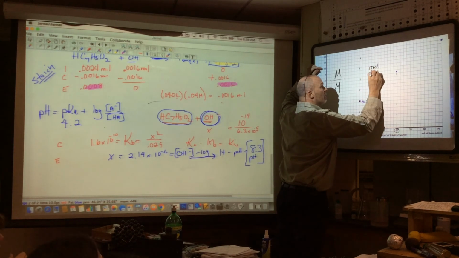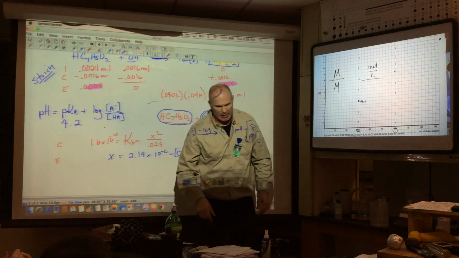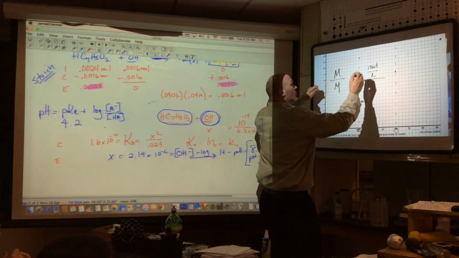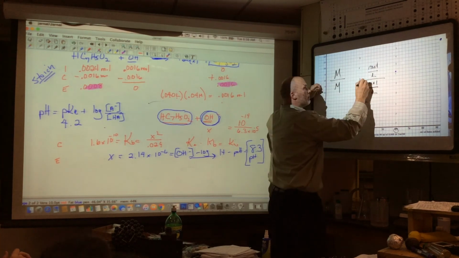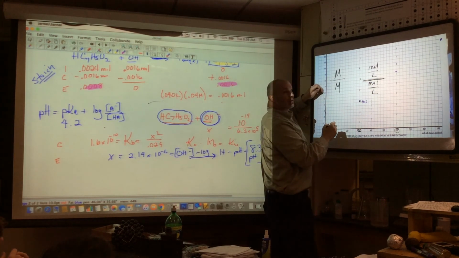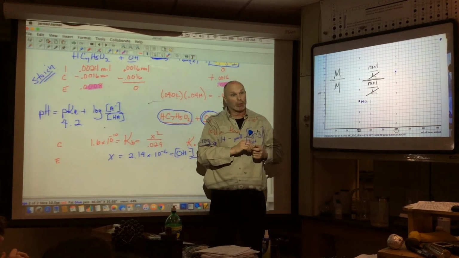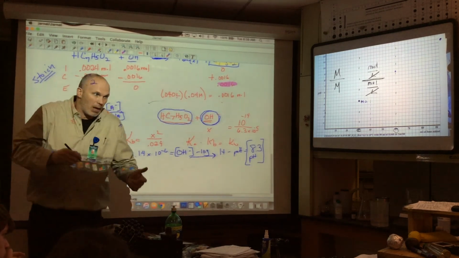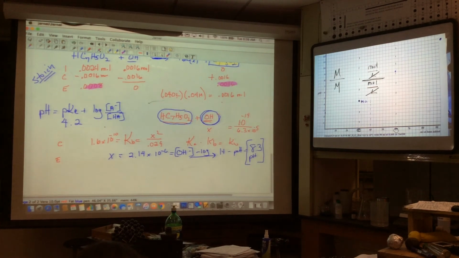Moles over liter. Moles over liter over moles over liter. If you haven't done this, what's going to cancel? The liters. So you can just put the moles right in. Let's do that and solve for it. It's so simple. This is a buffer equation. I'll talk more about it.